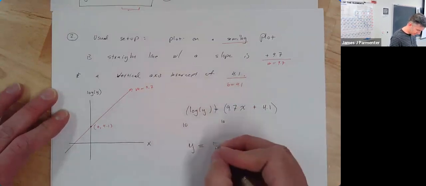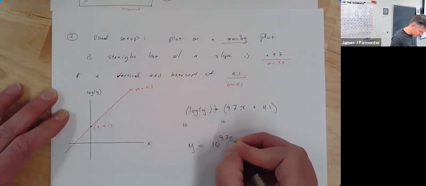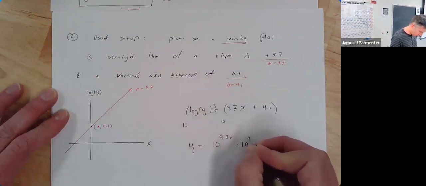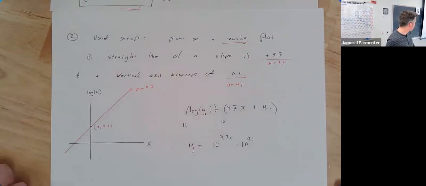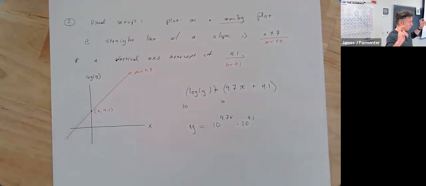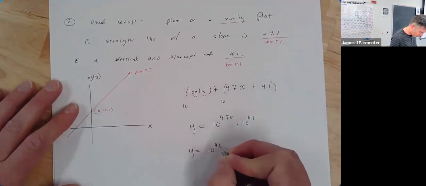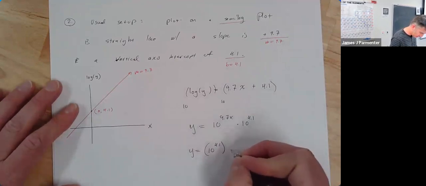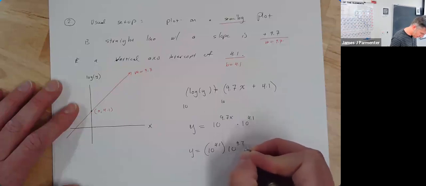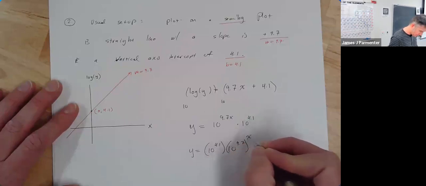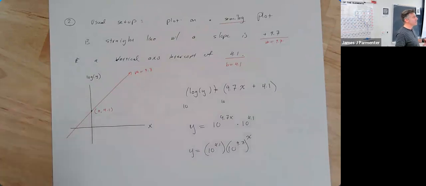On the right-hand side, you get 10 to the 9.7x times 10 to the 4.1. And really, the only thing I would do to make this look simplified is to write it as 10 to the 4.1 times 10 to the 9.7 to the x. Again, this is kind of emphasizing the exponential nature of our results.